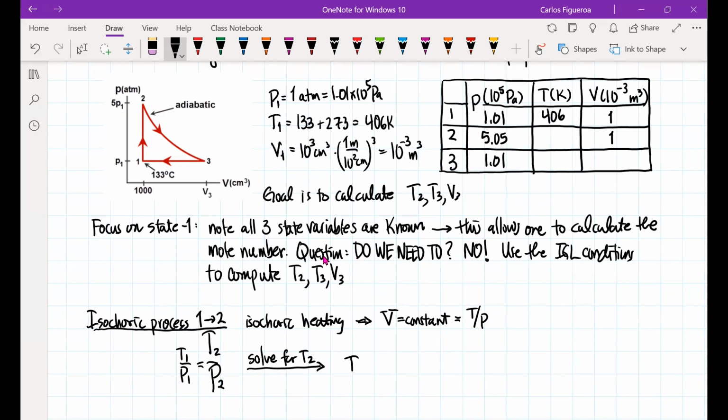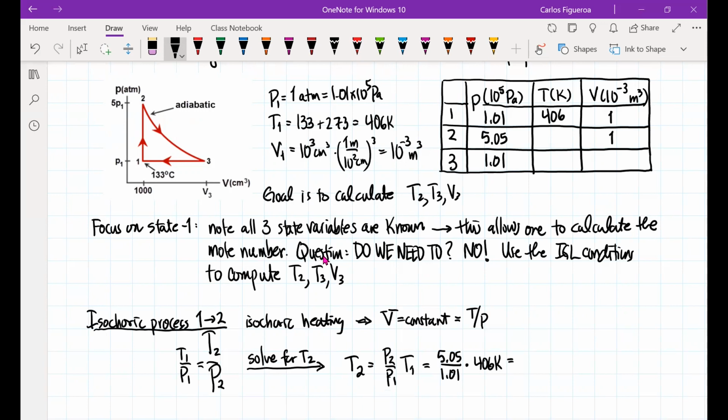I get the ratio of pressures times the temperature 1. Now note there's a 10 to the 5 in the numerator and denominator, so they cancel out. I'm only going after the cofactor. So this will be 5.05 over 1.01 times the temperature, which is 406 K.